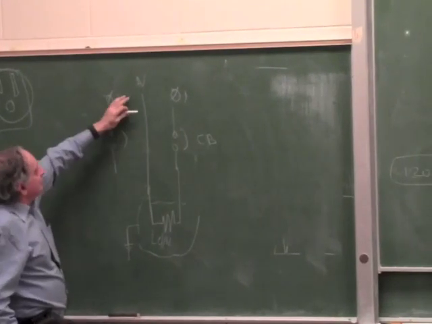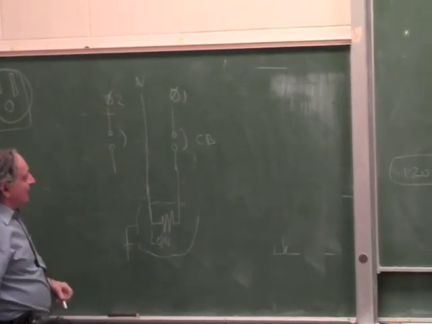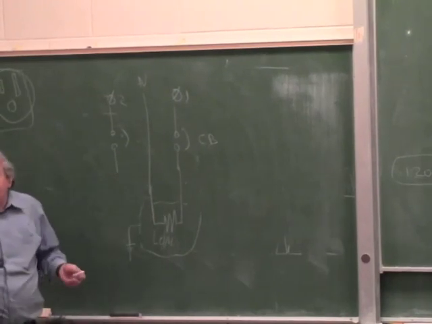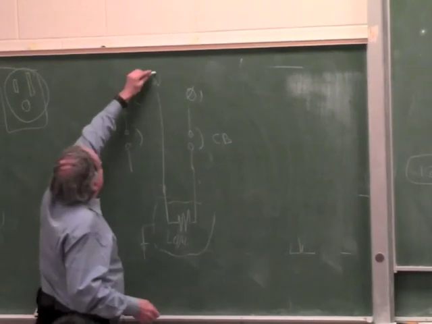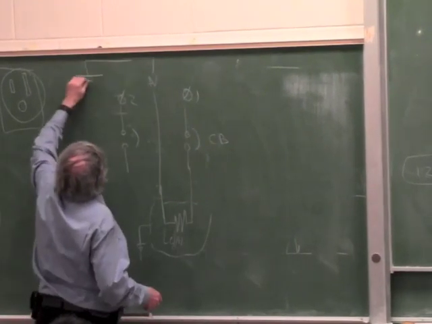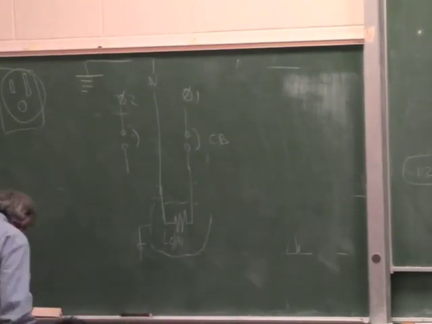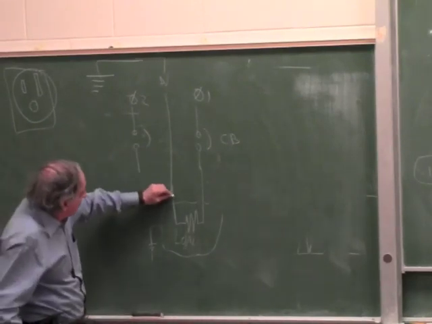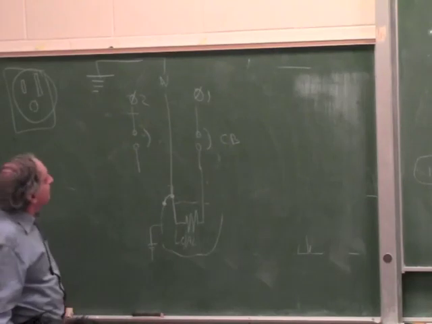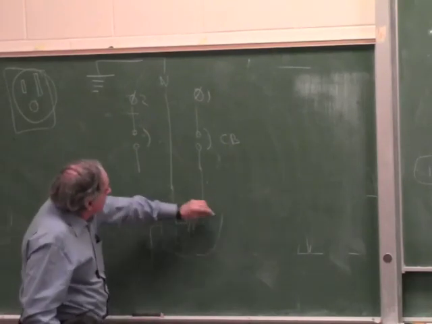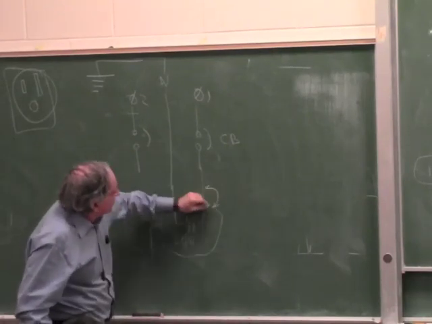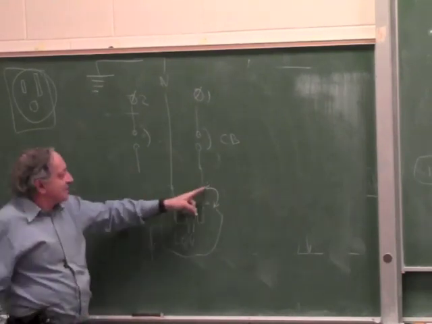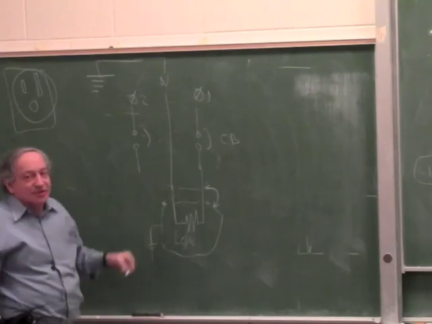Now, if the neutral would not be connected to ground, and the live wire touches the ground, nothing would happen. But if the neutral is connected to ground, and this live wire by accident touches the ground, because the ground is connected to neutral, it will be the same as a live wire touching the neutral.